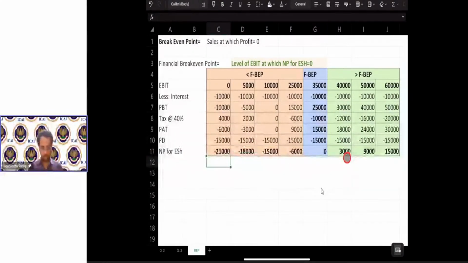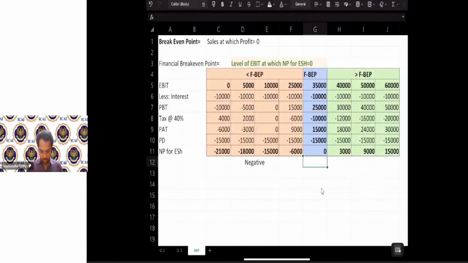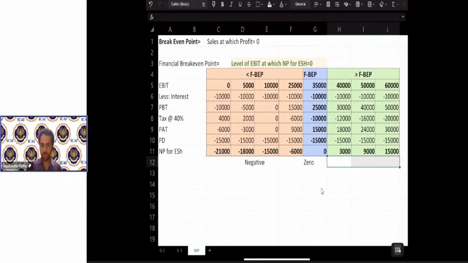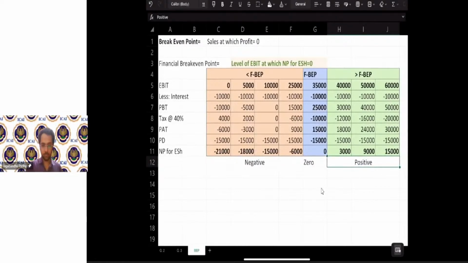So net profit for equity shareholders, we can say that this is negative. This is anyways the 0, and this is going to be positive, right?